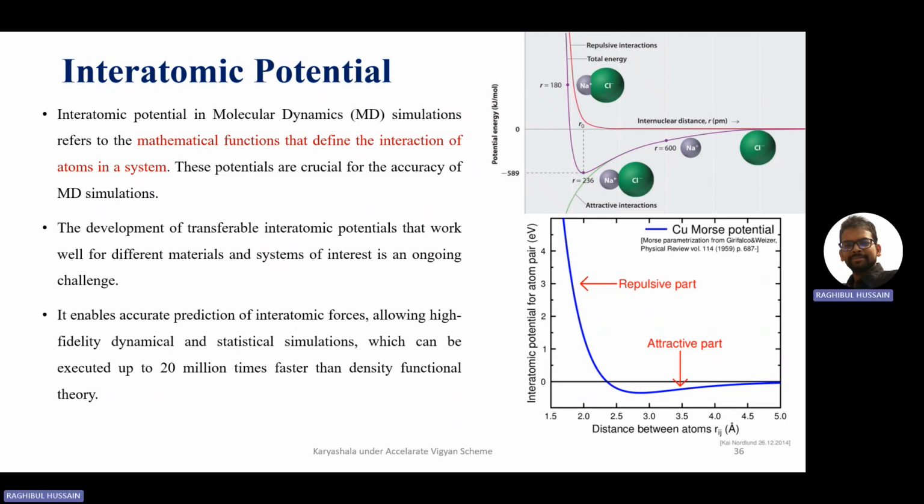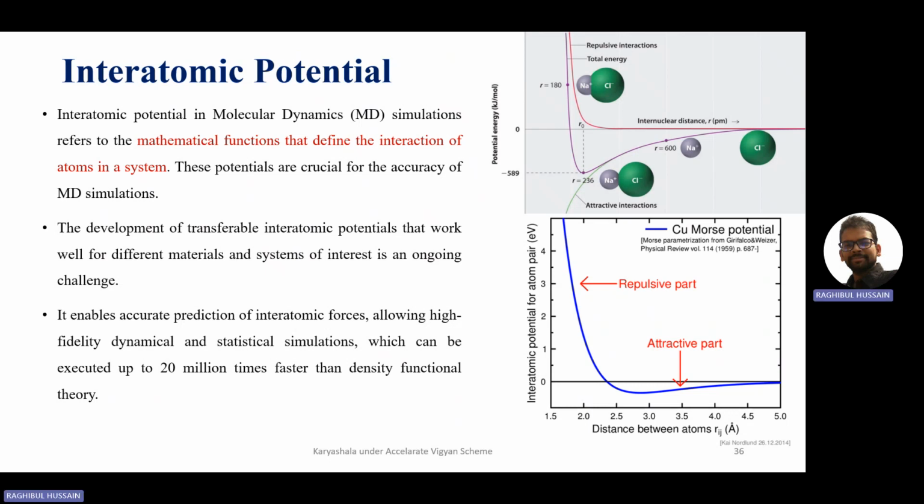These potentials are basically transferable. That means when these potentials are being generated, they are being generated with a set of compounds by doing multiple DFT calculations. But those values can be used for other systems, based on which we do the molecular dynamics simulation.